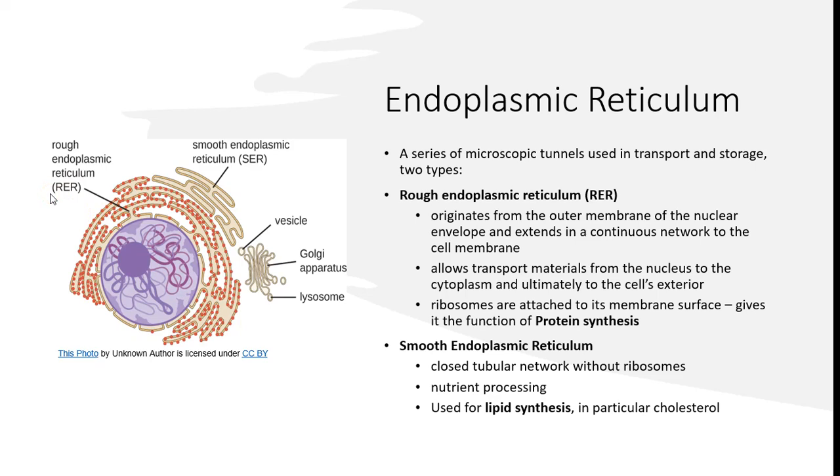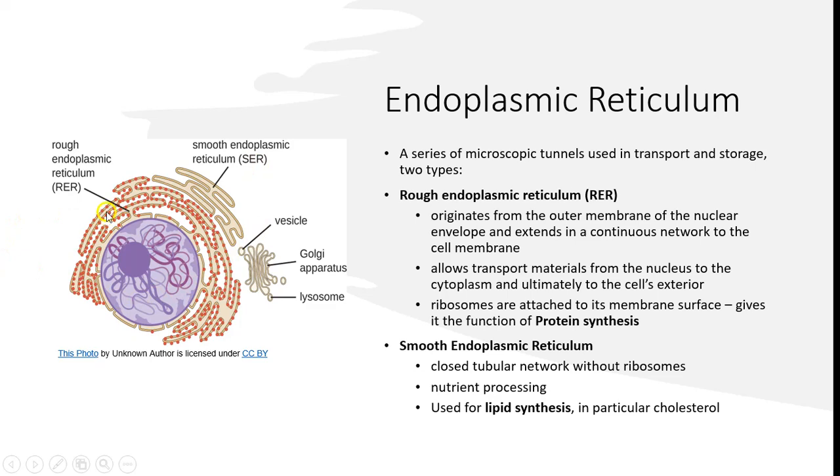Now, the rough ER is going to come straight off of that nuclear envelope, the double membrane part of the nucleus, and it has this very intricate folding network of membrane structures. It allows for transport of material from that nucleus, from the nucleolus in particular, all the way out, potentially even to the exterior of the cell.